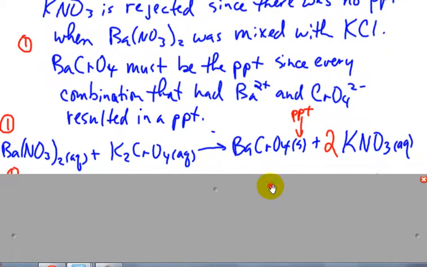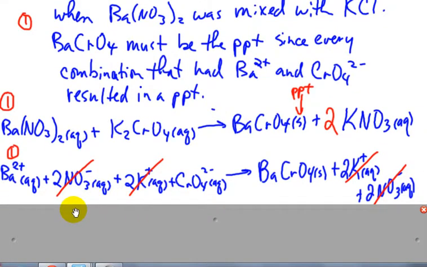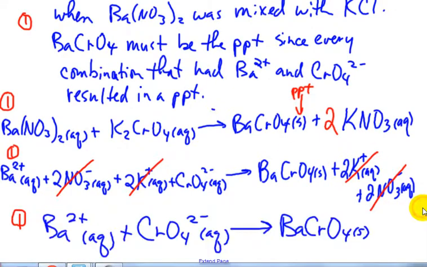Break that down into the complete ionic reaction. So barium ions, 2 nitrates, 2 potassiums, 1 chromate, my barium chromate precipitate, 2 Ks, 2 NO3s. Of course we can see that the 2 NO3s and the 2 Ks remain the same on the other side. Cross them out, they are the spectator ions, and I'm left with the precipitate and the 2 ions that made the precipitate.